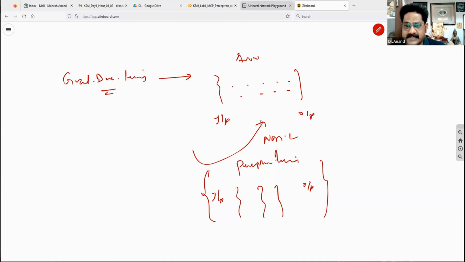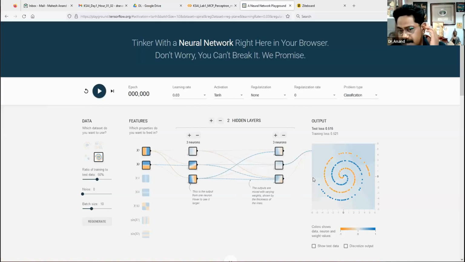In the simulation you have seen, the final output is mapped on the original feature scale, but you are not able to see the transformed values. It's not possible to see here, isn't it?